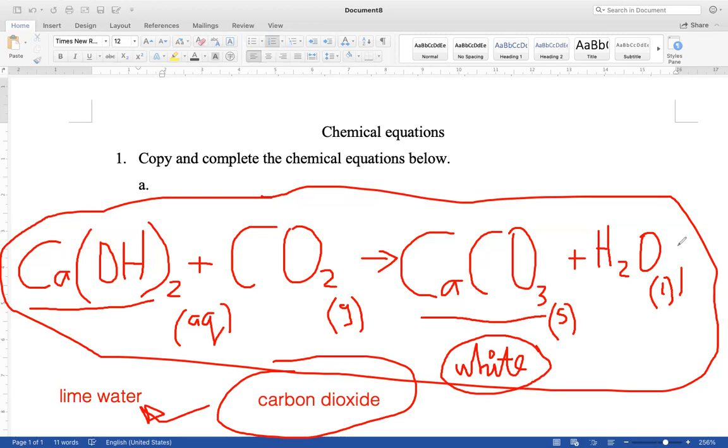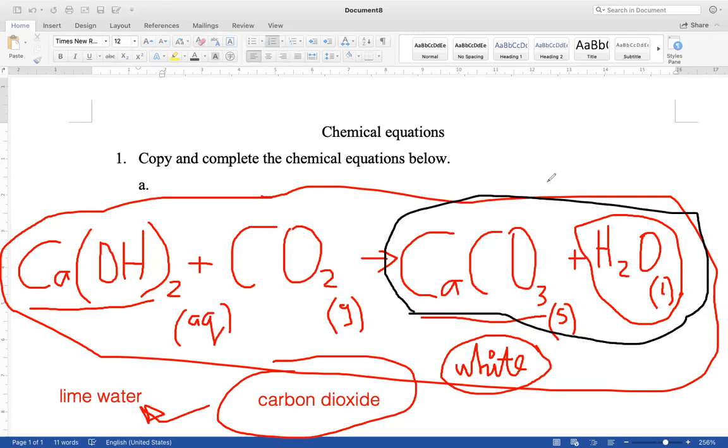That milky substance is inside a solution, inside a liquid, and that liquid is water. So when you're testing for carbon dioxide, the identity test, what goes on within the chemical reaction is exactly what you have said.